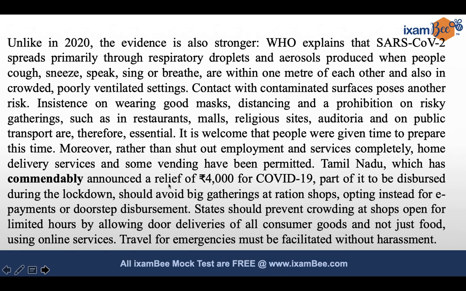Read this part. Things were different this time. Unlike last time, when everything was shut down, this time people were given some time to prepare and sustain themselves. So, home services were allowed. Tamil Nadu announced some relief measures.